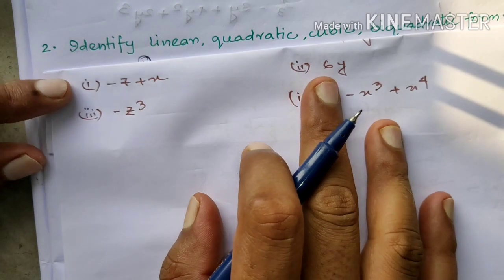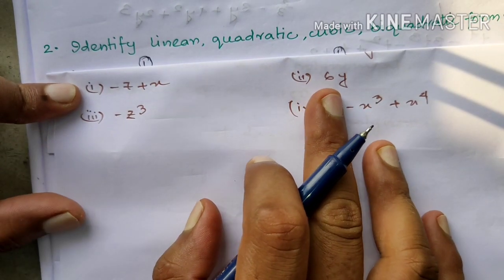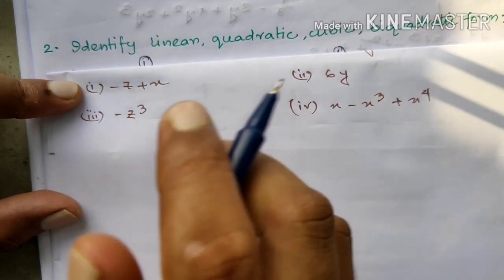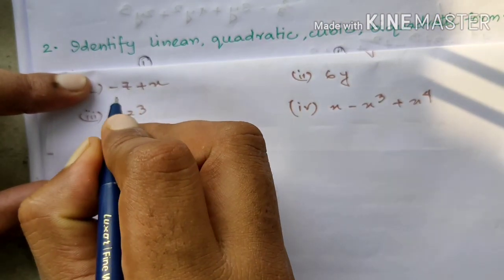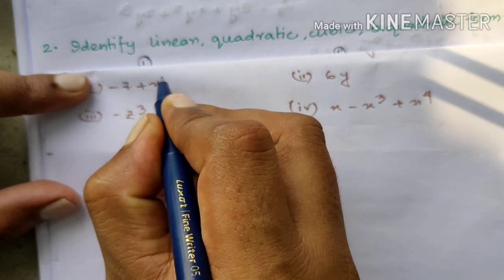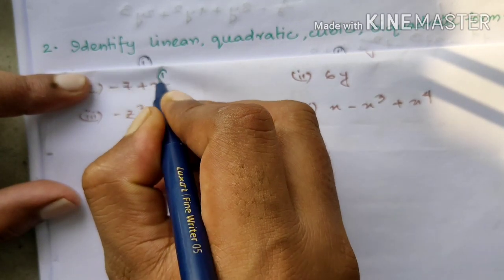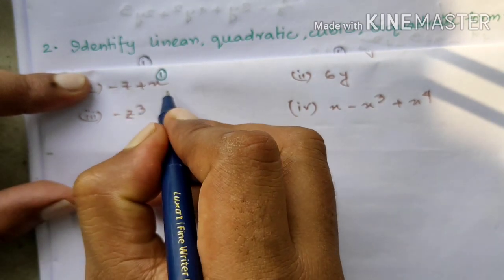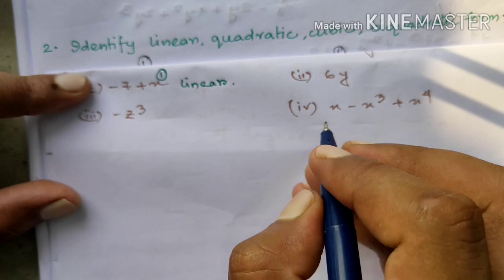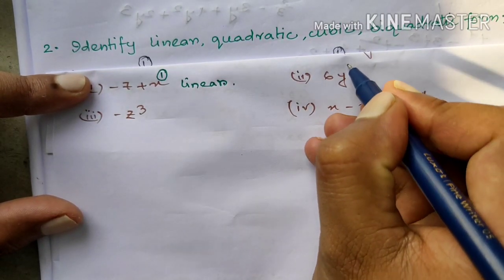Next, identify the linear, quadratic, cubic and biquadratic form of these polynomials. Number 1, minus 7 plus x. Here the degree of x equal to 1, hence it is a linear polynomial.